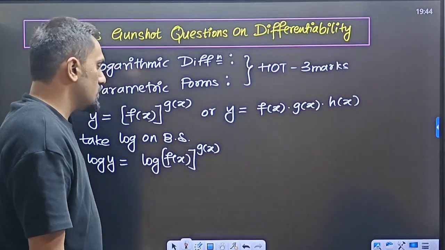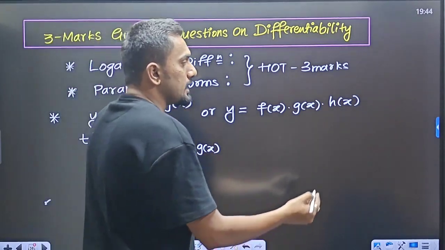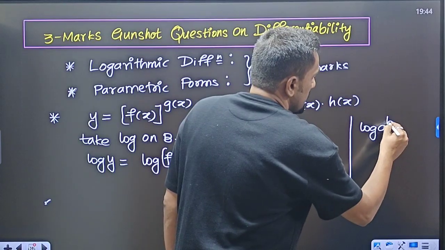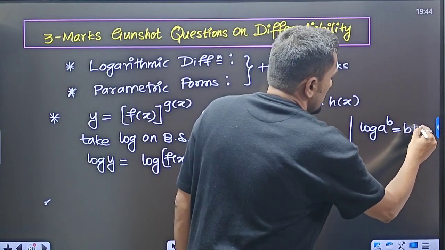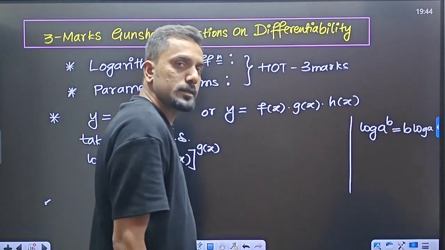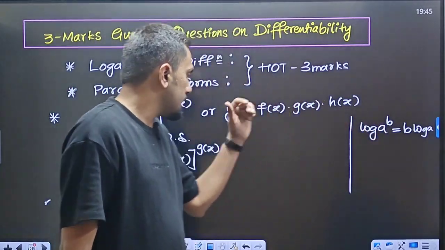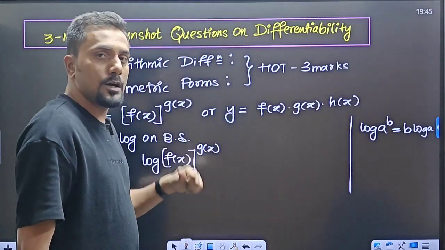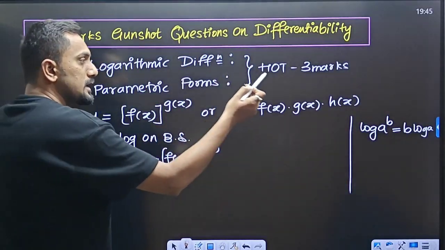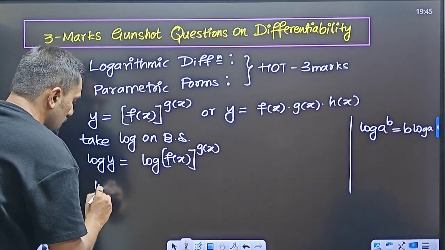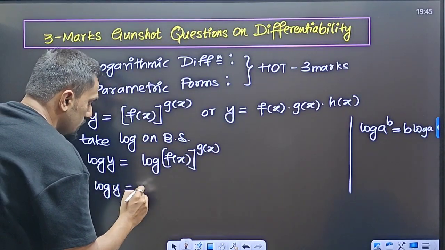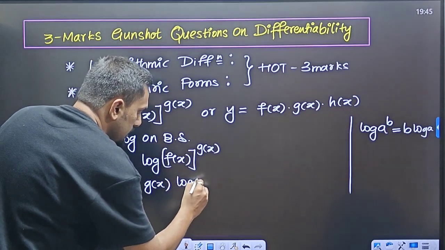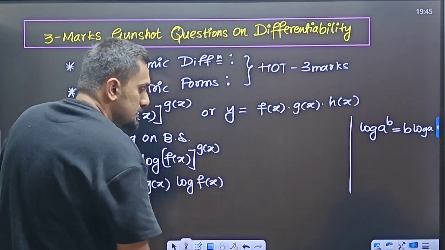So, there is a rule in logarithm which says that log of a raised to the power b is equal to b into log a. Here, who is in the place of a? f of x. Then who is in the place of b? g of x. So if I use that rule, then this becomes log y is equal to g of x multiplied by log of f of x.